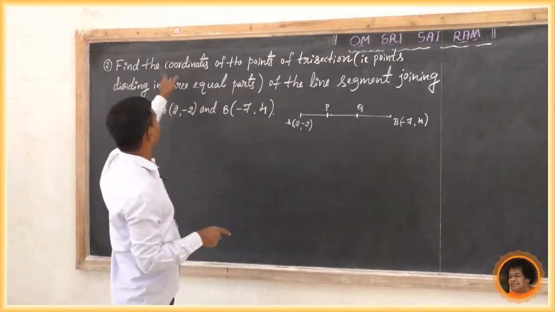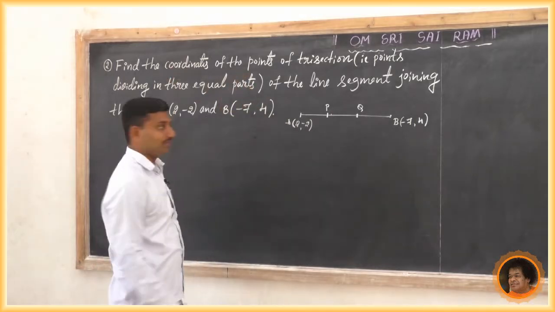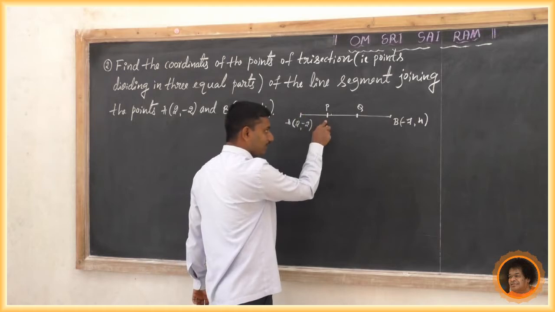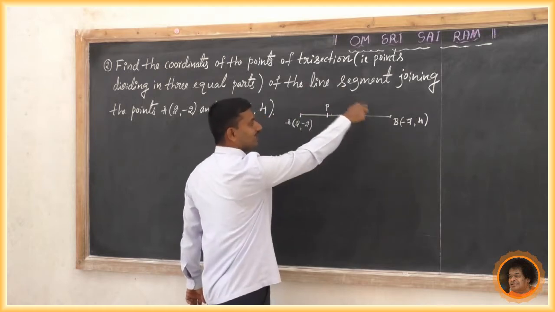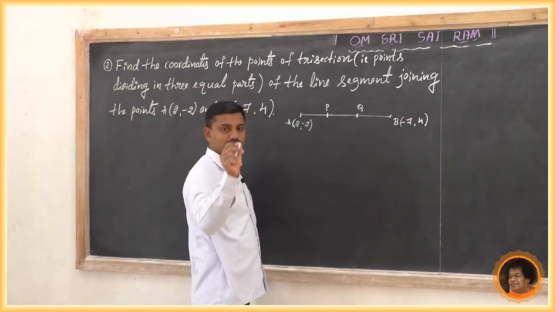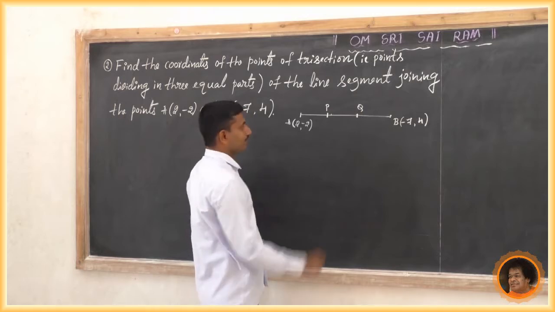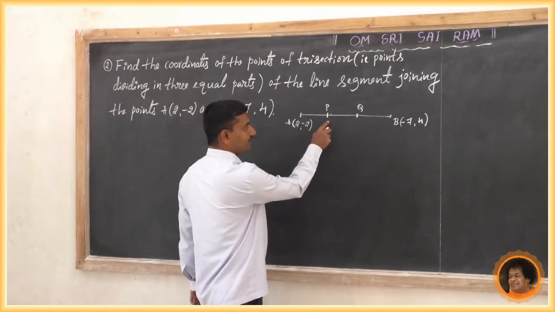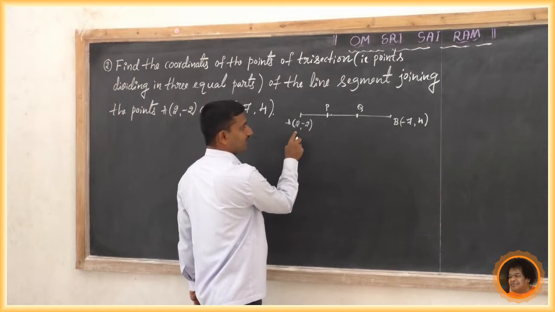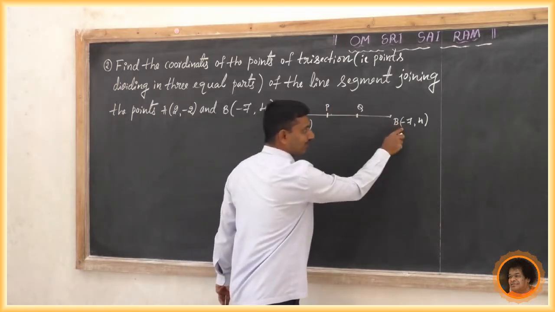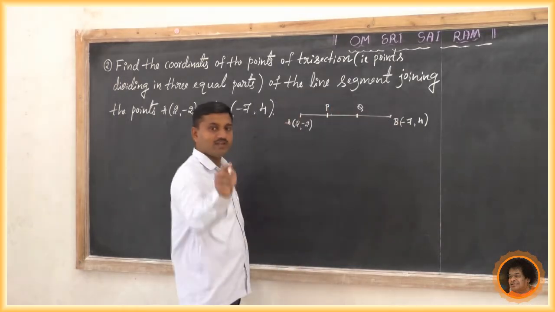We have to find the coordinates of the points of trisection, which means find the coordinates of the point P and then find the coordinates of the point Q. How to find the coordinates of the point P? First, point P. Here the coordinates of the point A are given and the coordinates of the point B are given. So what is the ratio?